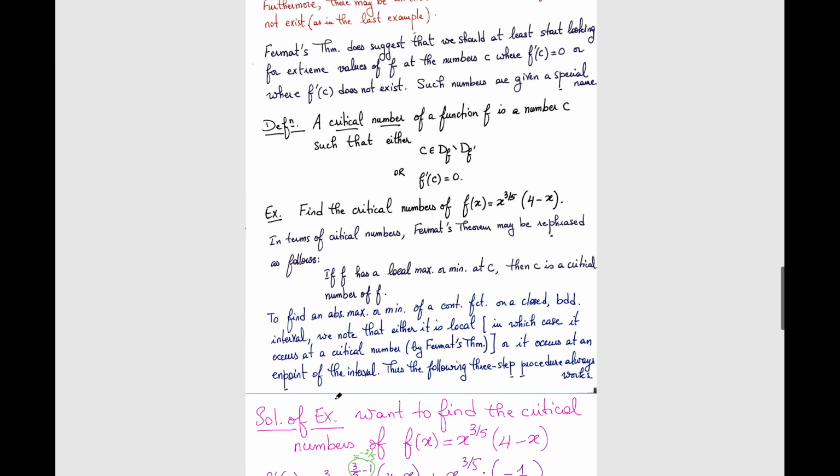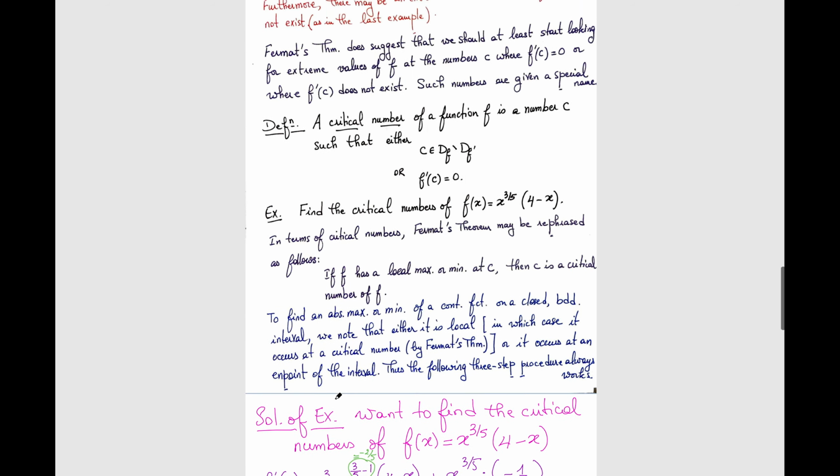So now let's read the next comment. Before we read the next comment, let me remind you what the extreme value theorem is. Where is it? It's right here. Let's read it again.